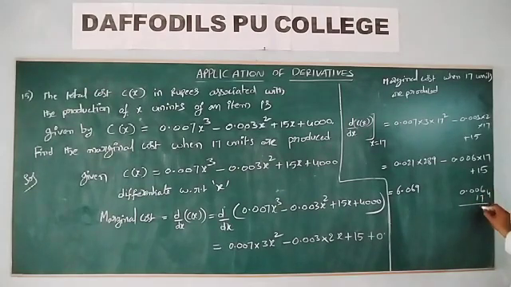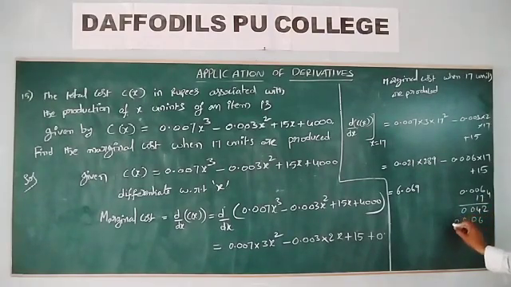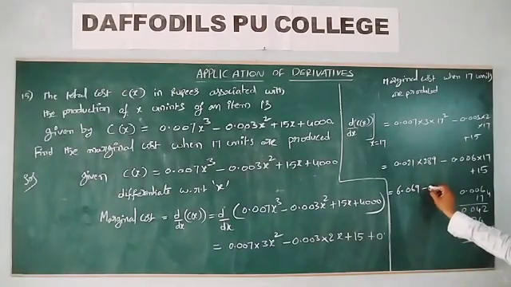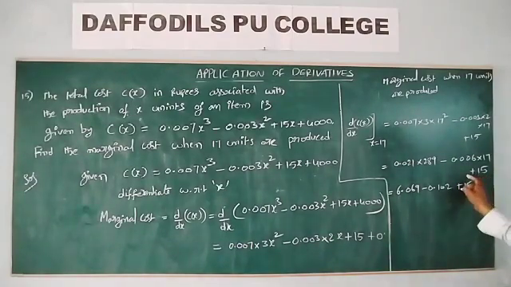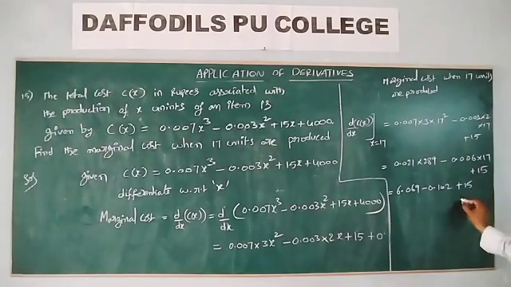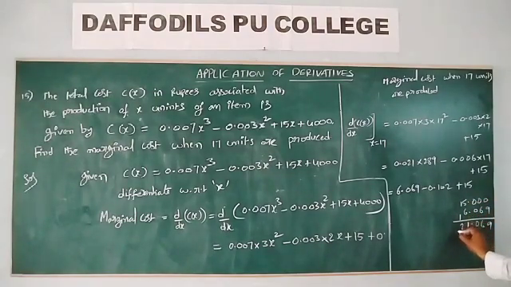And next this one, 0.006 into 17: 7 sixes are 42, and 1 six is 6, so 0.102. Now add the positive terms: 15.000 and 6.069 gives 21.069.